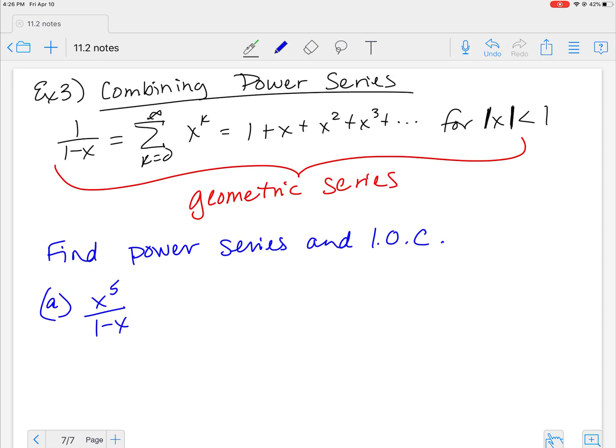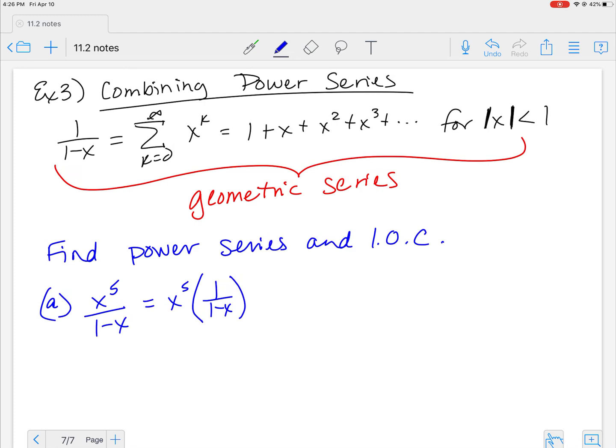Our goal with this is to say what is the relationship between this and this. And you can see here that I could break this up to be x to the 5th times 1 over 1 minus x. All right? So we just said if you have a power series, you can multiply stuff together.